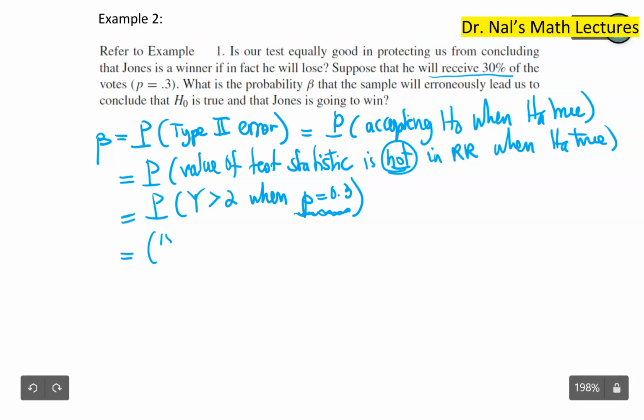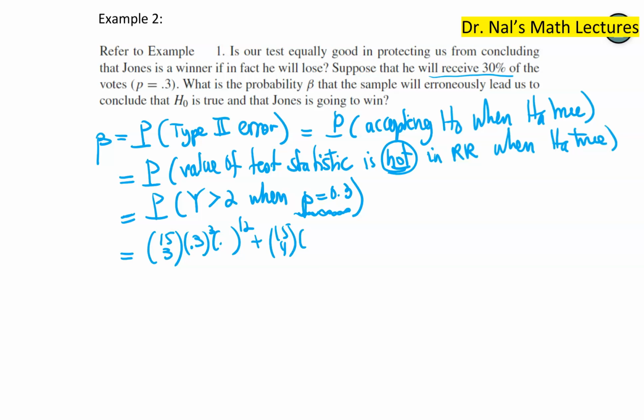So it's 15 choose 3, 0.3 to the 3rd, 0.7 to the 12th: 3 people say they will vote for Jones versus the rest say no. Then 15 choose 4, 0.3 probability of success 4 times, 0.7 probability of failure 11 times, and so on.